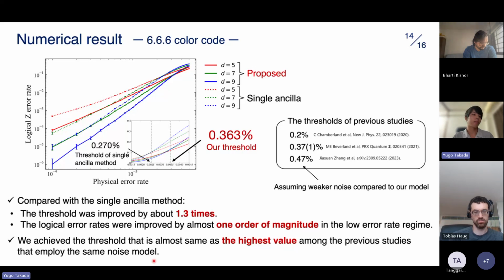So in the initial time step, we cannot use the flag information for the X errors. Yeah, and similar to the previous case, the logical error rates were improved by almost one order of magnitude in the low error regimes in the case of the hexagonal color codes.